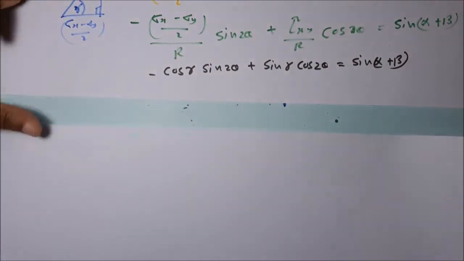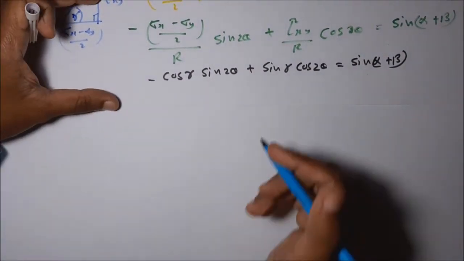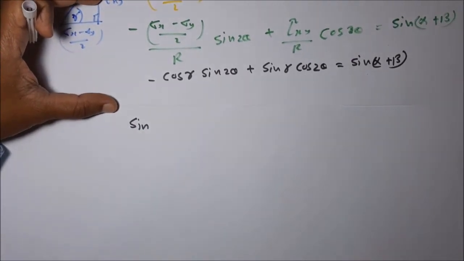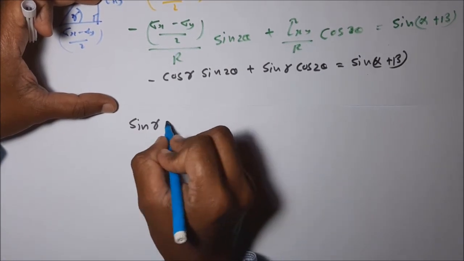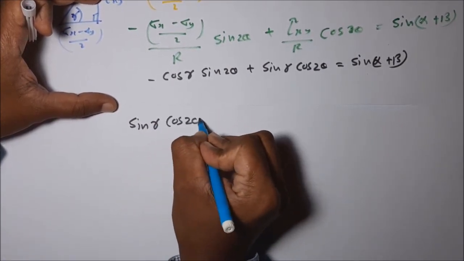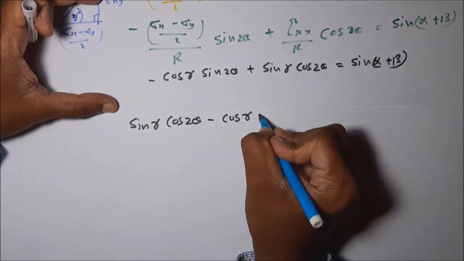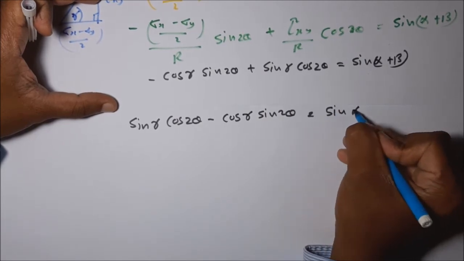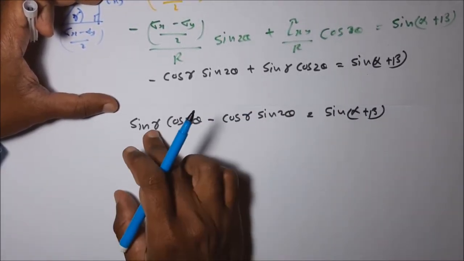Then we can combine these terms. Sin gamma cos 2 theta minus cos gamma sin 2 theta is equal to sin (alpha plus beta). What is this expression?